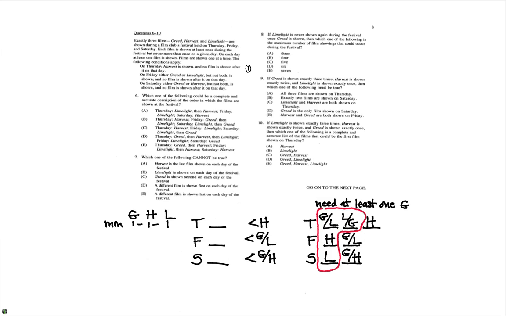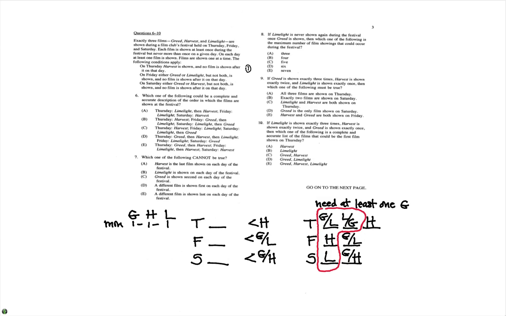So let's take a look at A. On Thursday, we have Limelight and then Harvest. So A is fine. Does not violate the first rule. B, we have Harvest on Thursday, nothing else. Also fine. C, we have Harvest on Thursday, nothing else. So nothing wrong with C. D, we have Greed, then Harvest, then Limelight.